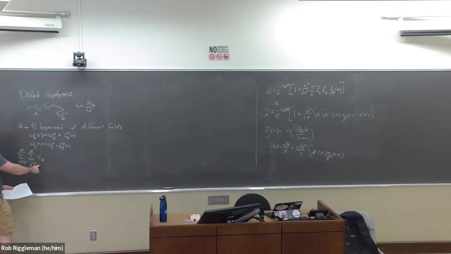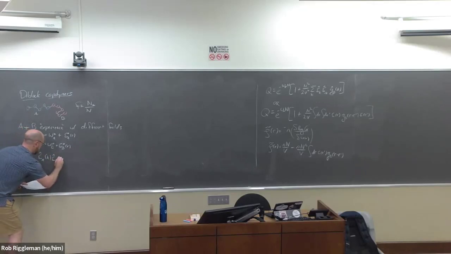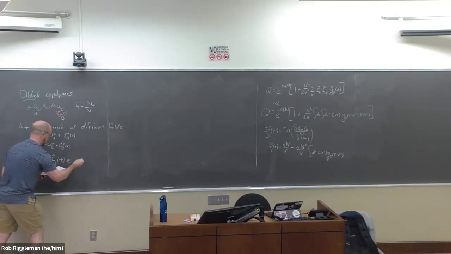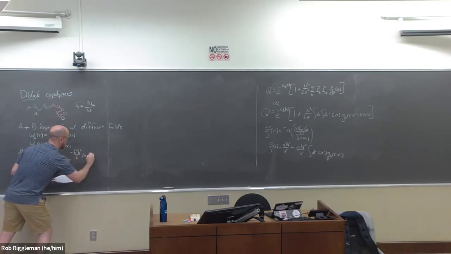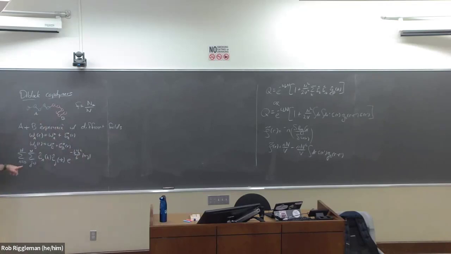But now the fields are going to have indices on them from the monomers. Epsilon hat j of minus k. And then assuming both blocks have the same bonding potential, you end up with a term like this.